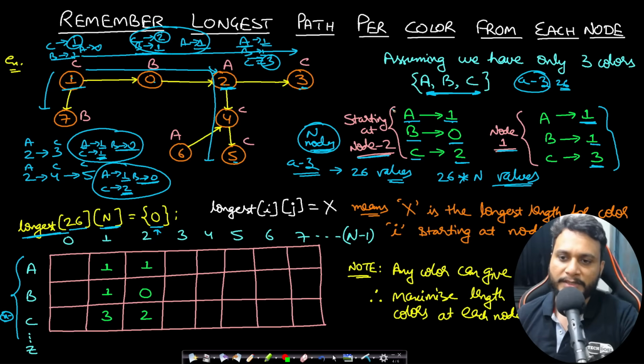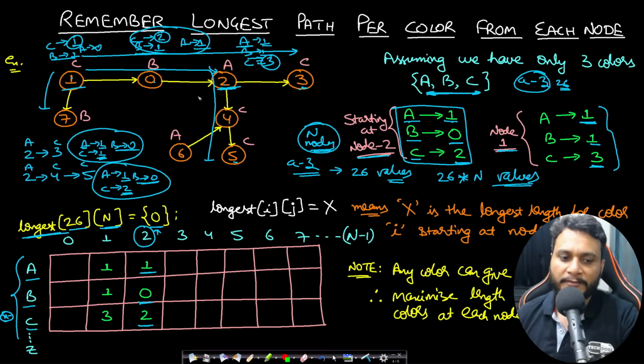So if I represent this state for node 2, I will take column number 2 and fill 1 0 2 for it, saying that if I start from 2, then A can occur maximum 1 time whichever path you take, B can occur 0 times, and C can occur maximum 2 times whichever path you take. I don't care about the path, but this is the maximum count of colors.